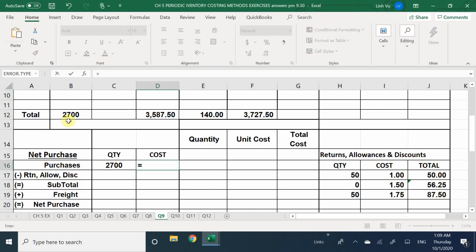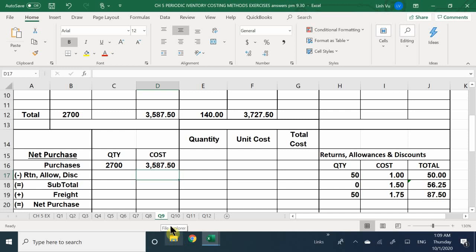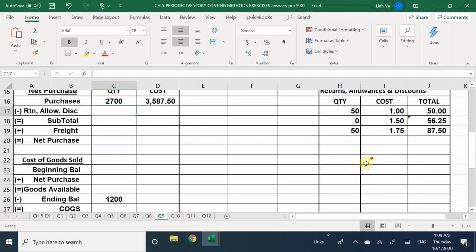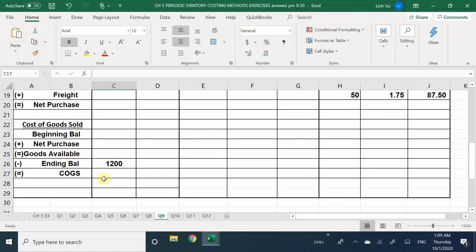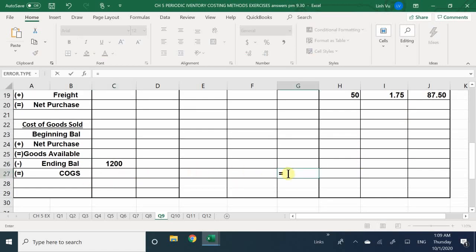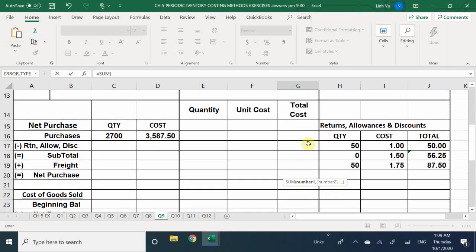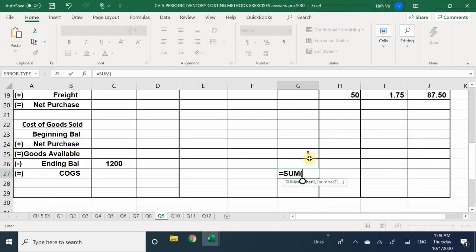So in this case, we bought a total of 2,700 for the 3,500. Okay, our total purchase returns and allowances. So in this case, I'm going to go ahead and sum up my totals here. Oh, wrong column again.